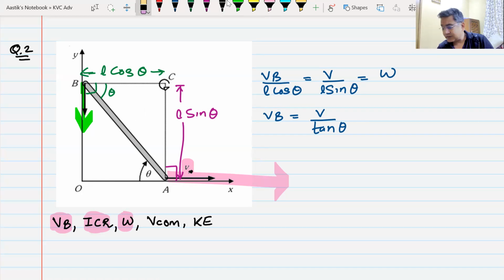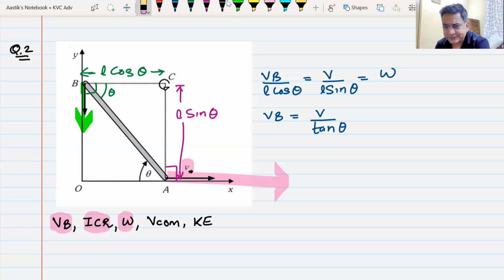How do I get the velocity of the center of mass? Under root VA square plus VB square?